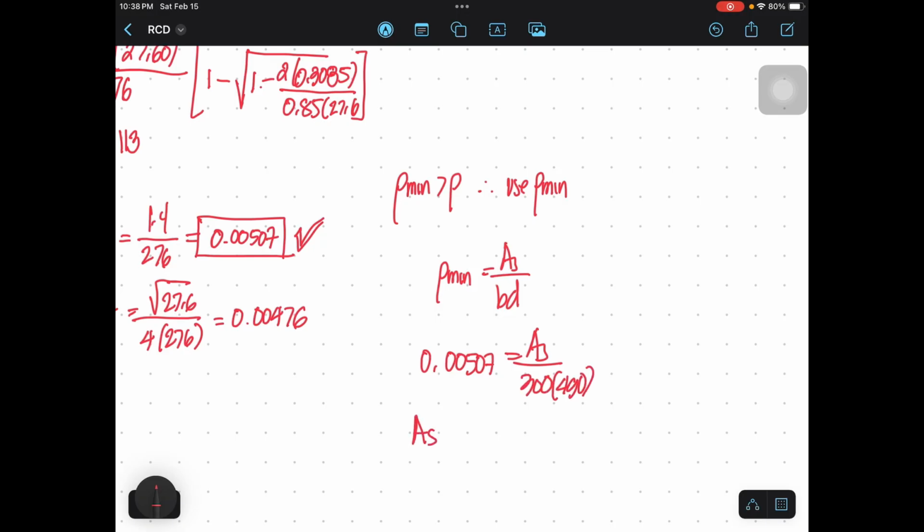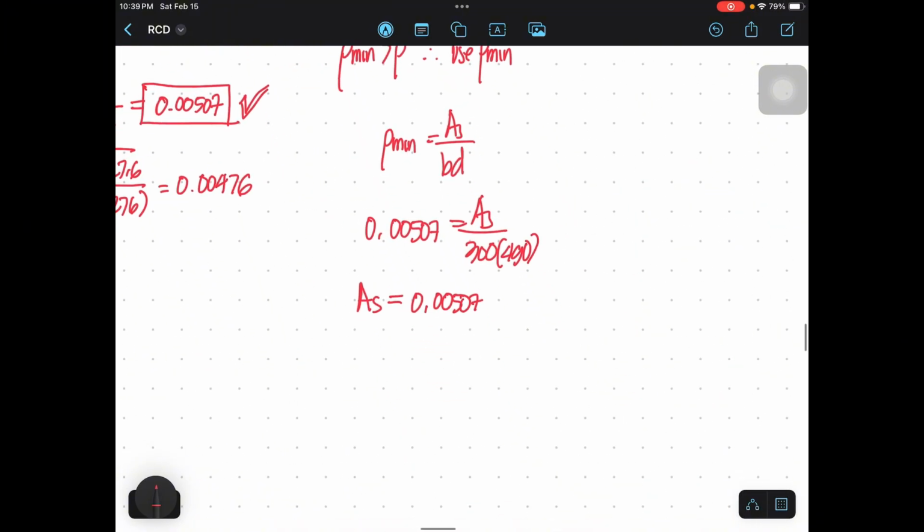So cross multiply this equation, we have the required steel area is 0.00507 times 300 times 490.